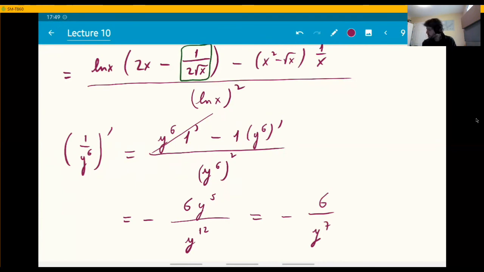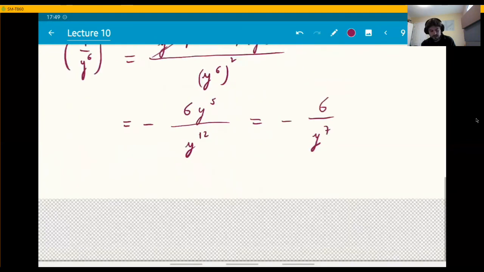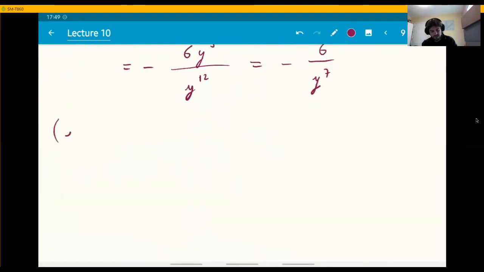And finally, the last one was z times e to the minus z, prime. Well, keep in mind, they said use the quotient rule. Right now, this is a product of two functions, and we actually don't know how to differentiate e to the minus z yet. We know e to the z, the exponential function, but not with a minus sign.